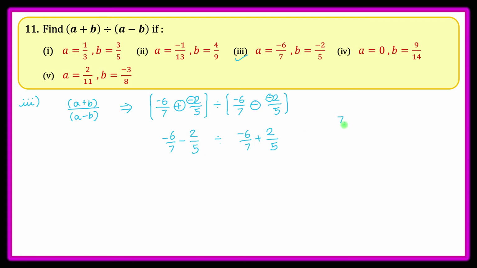As we know, 7 and 5 are co-prime numbers, so their LCM would be basically 35 only, that is their product. This type of question can come in Olympiads as well as school exams, so you don't have to waste your time multiplying individually. I'm going to present a short trick.